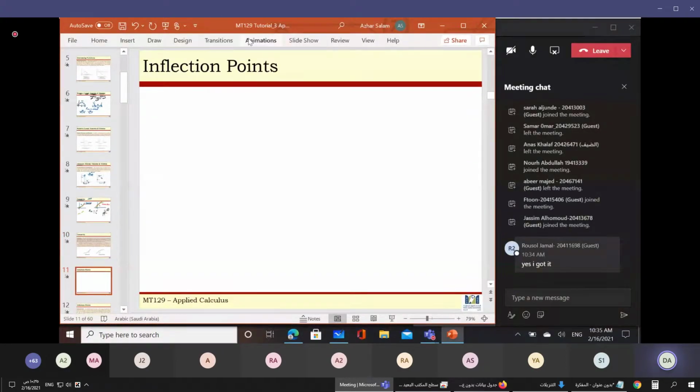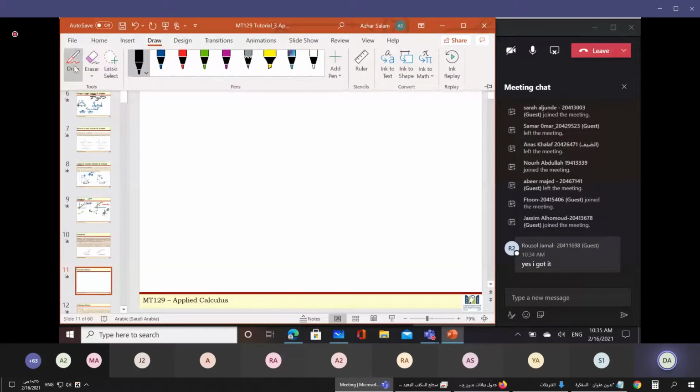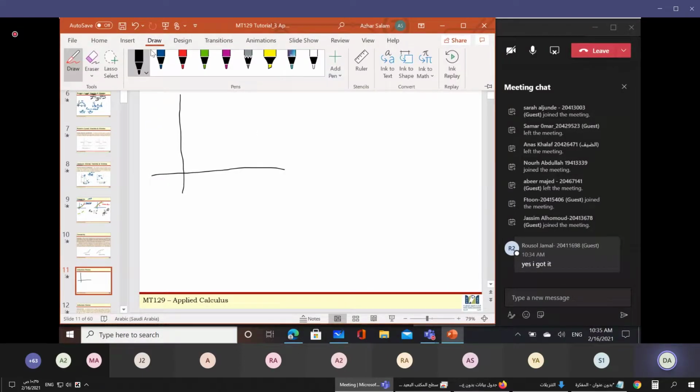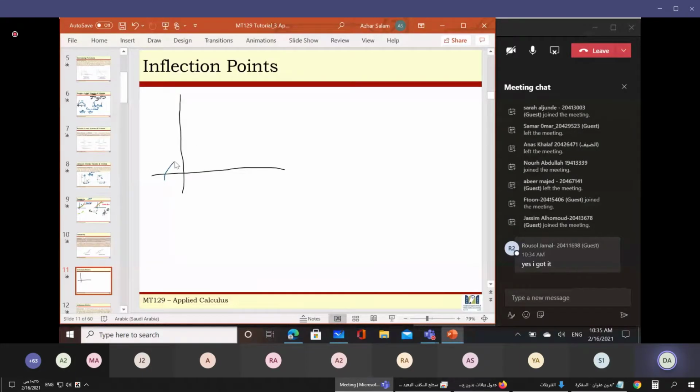Okay, there's something I call the inflection point. It's related to the concavity. For example, here I have this function drawn like that. Notice here, it's increasing, but the first part until this point, notice the concavity.